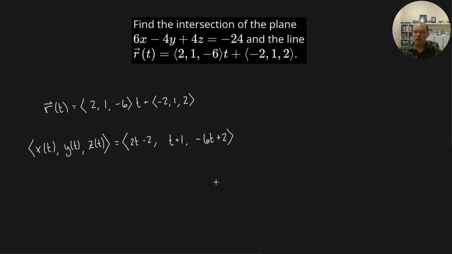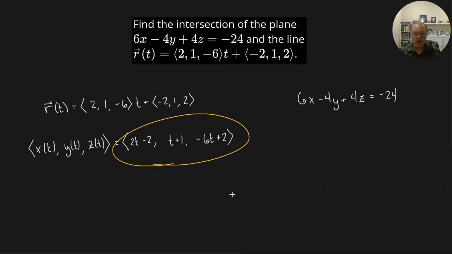So I want to make sure my x, y, and z are equal to this for some value of t. That will make sure that the point is on the line. But also I want to make sure my x, y, and z satisfy this equation. So what I'm going to do is plug in the x, y, and z I need here into the x, y, and z that I need to satisfy this equation.